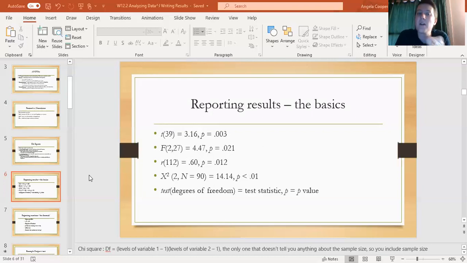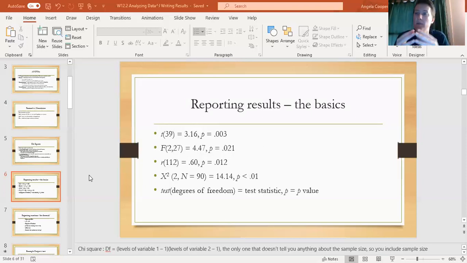Now that's pretty much the same down the board here. The F(2, 27) is an ANOVA. So ANOVA uses an F statistic. And those two numbers, the 2 and 27, refer to the degrees of freedom. There are two degrees of freedom with ANOVA, but it also says equals the test statistic, so whatever your obtained F value was, and the p-value.